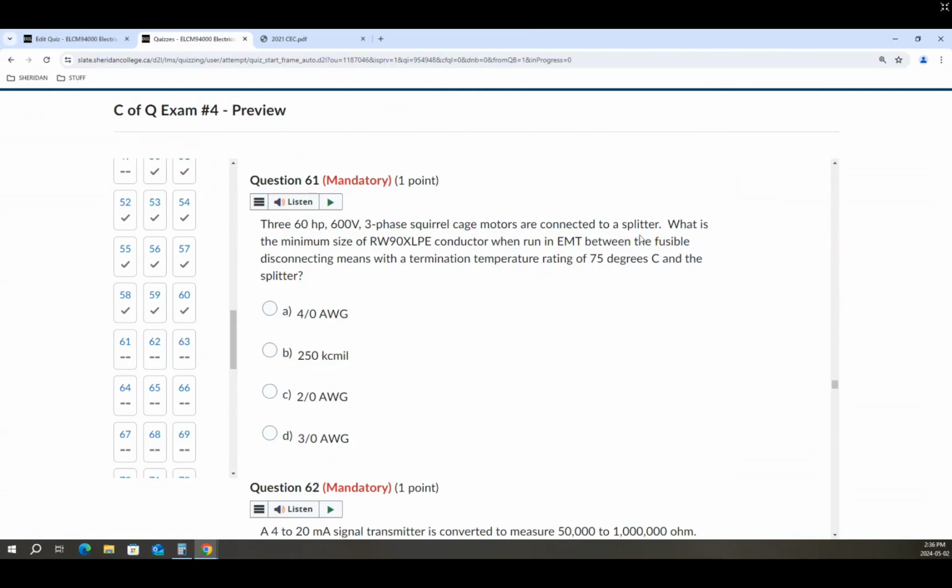Question 61. Three 60 horsepower, 600 volt, three-phase squirrel cage motors are connected to a splitter. What's the minimum size of R90 conductor when run in EMT between the fusible disconnecting means and the splitter, with a temperature rating of 75 C at the splitter? So my termination this time has a temperature given. 60 horsepower, three-phase squirrel cage.